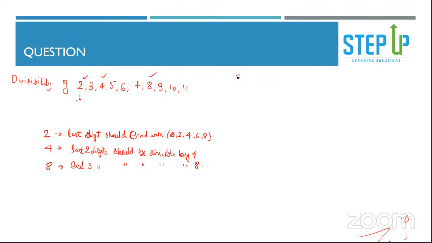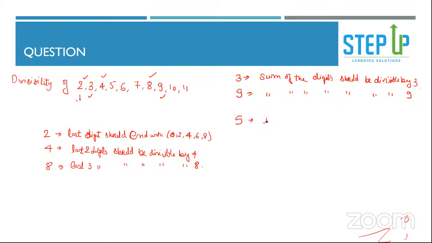Now when we talk about 3, the sum of the digits should be divisible by 3. For 9, the sum of the digits should be divisible by 9. So we are done with 3 and 9.